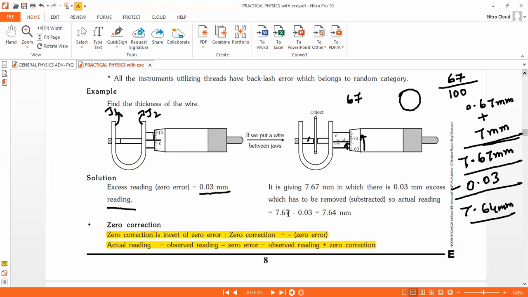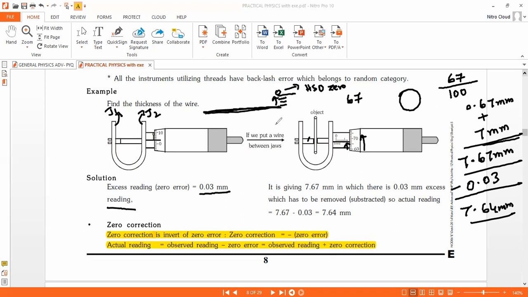Whenever I don't keep the object, suppose this is the pitch scale horizontal zero, and this is the head scale zero. The head scale zero is above the pitch scale horizontal line by 3 divisions.